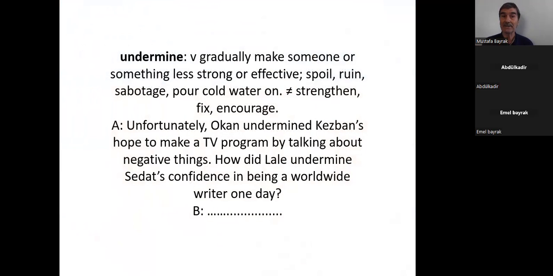Okay, undermine, another negative meaning in it. Gradually make someone or something less strong or less effective, spoil something, ruin something, sabotage something, pour cold water on something. The opposite is strengthen, fix, encourage. Yeah.